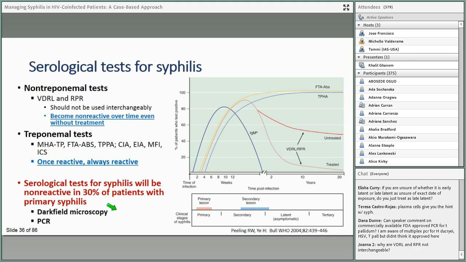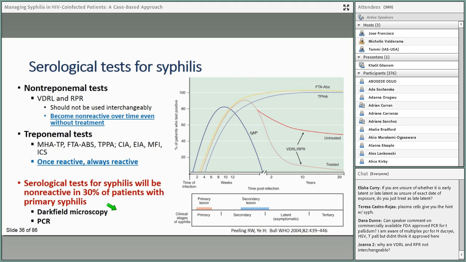So if you see a patient and you say, oh my gosh, this patient has secondary syphilis, and you order serologies, if the serologies are negative and there's not a prozone phenomenon, and usually what happens is the lab can actually take the sample and dilute it to make sure there isn't a prozone phenomenon. And if there isn't a prozone phenomenon with the non-treponemal tests, and if the non-treponemal and treponemal tests are non-reactive, the patient does not have secondary syphilis. So please keep in mind that these tests are very useful in the secondary, early latent, and later stages.